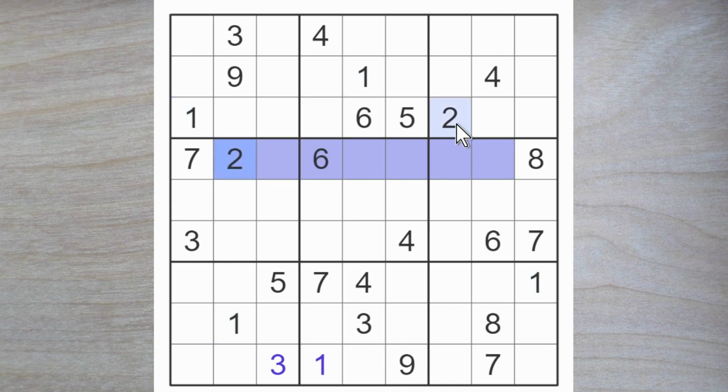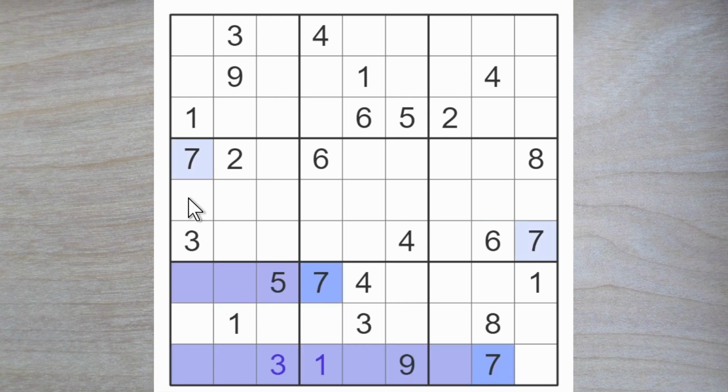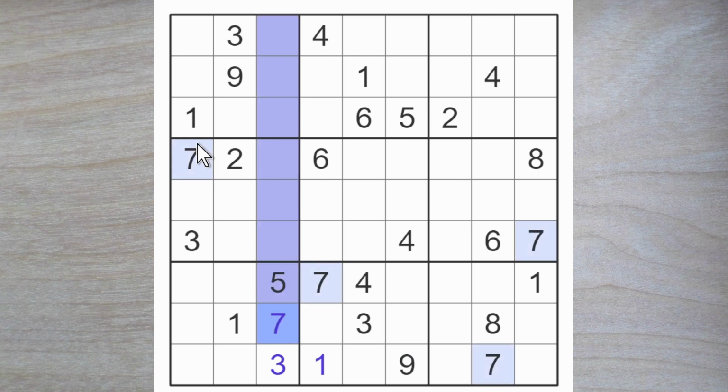Two blocks over and down, here's a 2 somewhere and therefore here in one of these 2 squares. We got a 7 blocking across here and down here, so a 7 must go here, blocking up. This 7 also blocks up, so here's a 7.